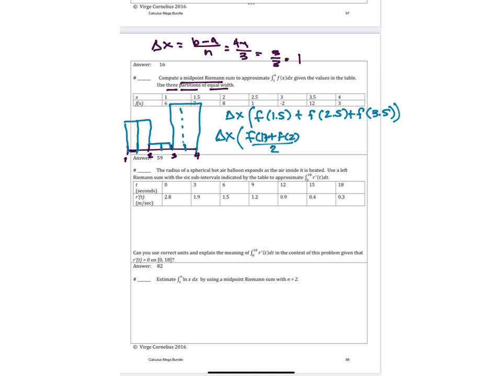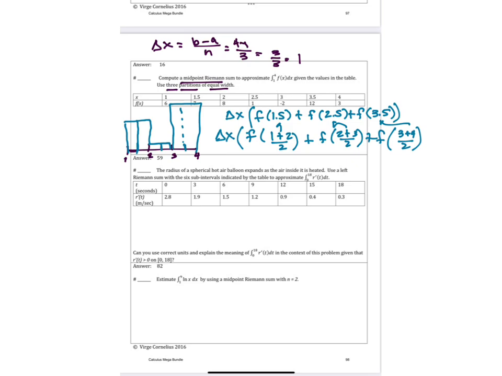Not f of 1 plus 2 over 2. Like this. Hold on. f of (1 plus 2) over 2. That x value is what's getting averaged, not the heights. That would be on trapezoidal. Plus f of (2 plus 3) over 2. Plus f of (3 plus 4) over 2. That's how we're coming up with these numbers. 3.5, 2.5, 1.5.